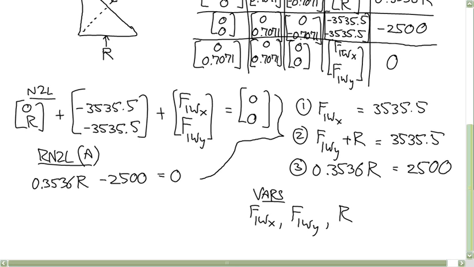Okay, step 3, I guess. What's step 3? We're done isolating the whole body. So now we're going to isolate the individual members, right? Let's do the vertical member.